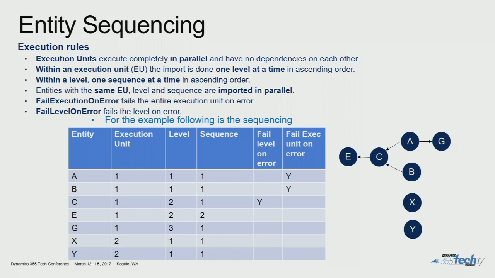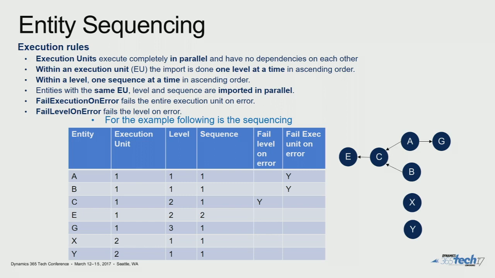For C to start, it has to wait on A and B because I have fail execution on A and B set as yes. That means if anything goes wrong with entity import A, I don't want to proceed with my execution unit 1.